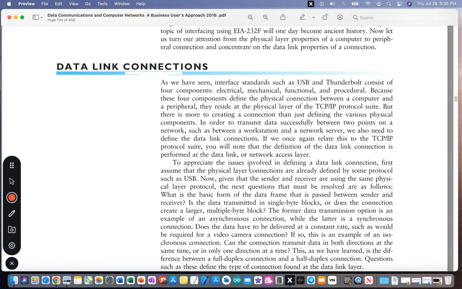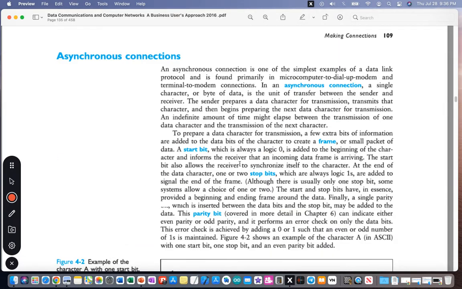All right. And we have the data link asynchronous connection. A single character or a byte is the unit of transfer between the sender and the receiver. The sender prepares the data character, transmits that character, then begins preparing the next.